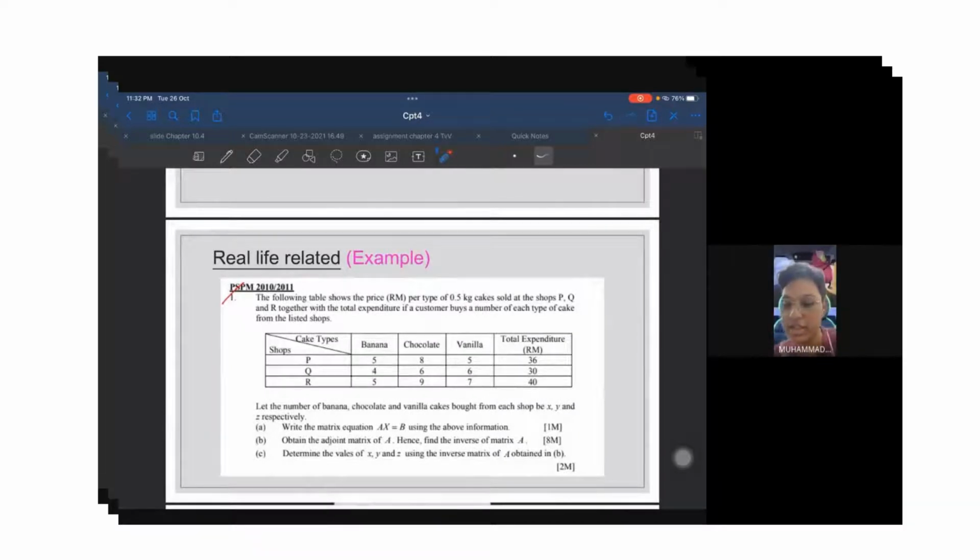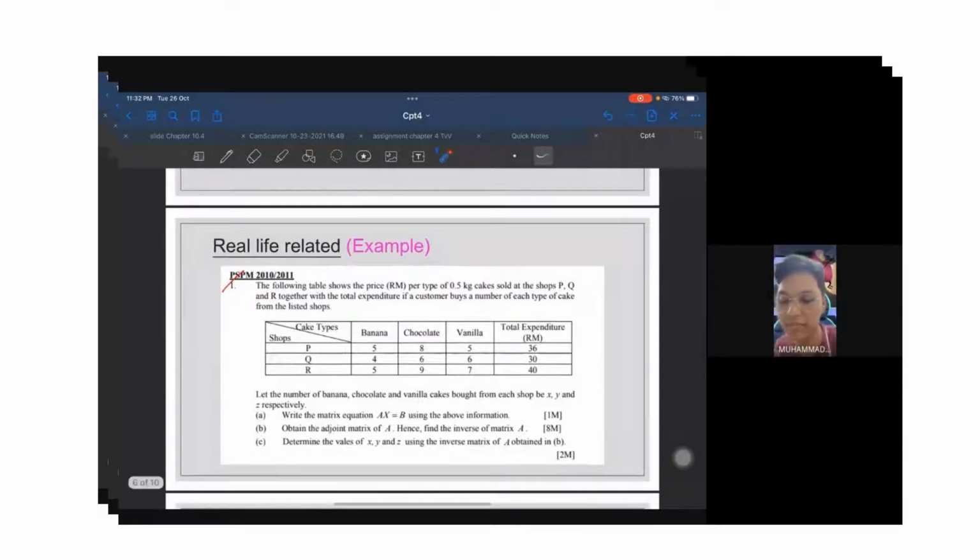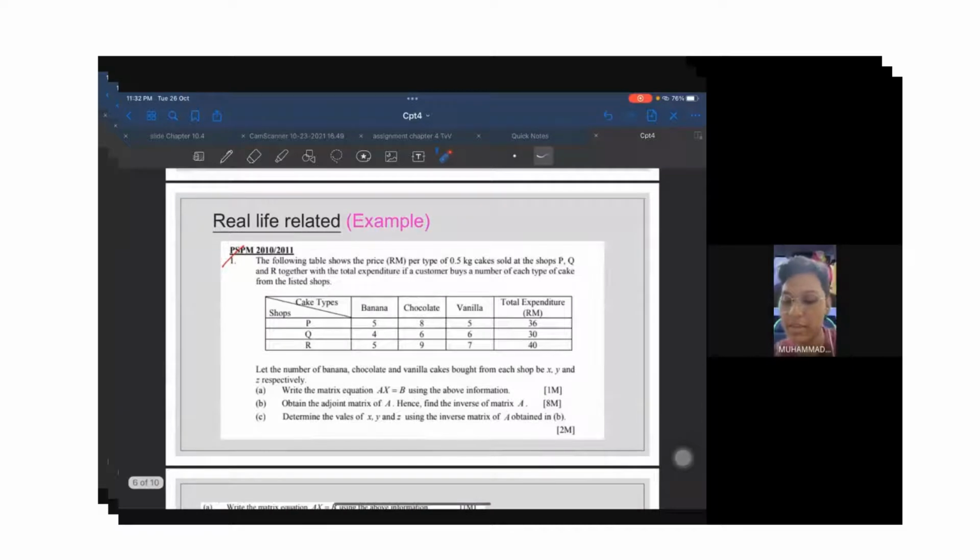The question says the following table shows the price per type of 0.5 kg cakes sold at the shops P, Q and R, together with the total expenditure if a customer buys a number of each type of cake from the listed shop. The cake types are banana, chocolate and vanilla.